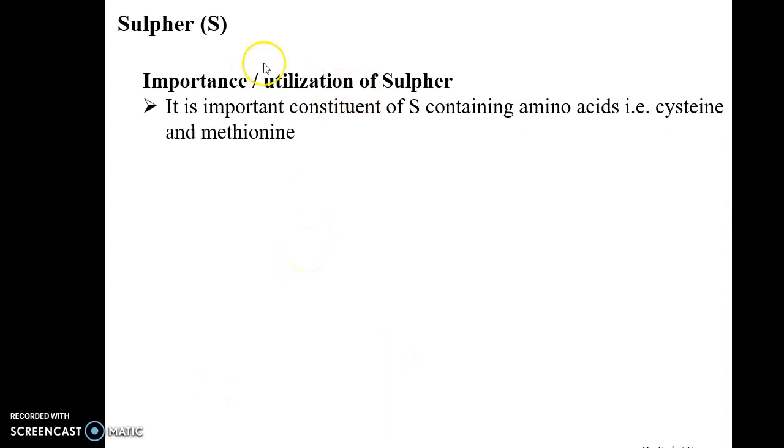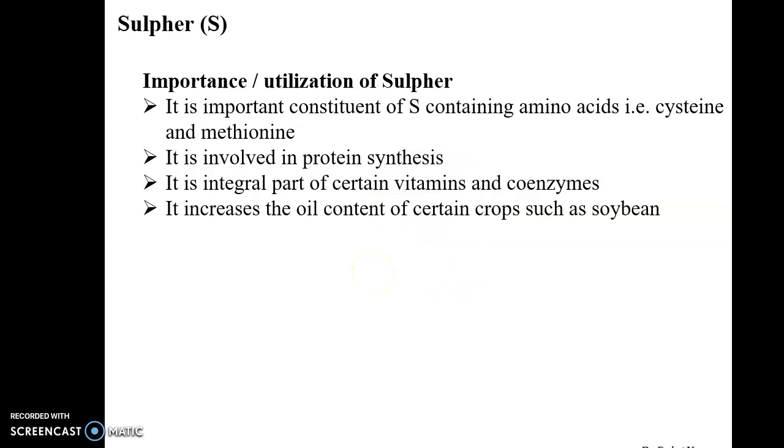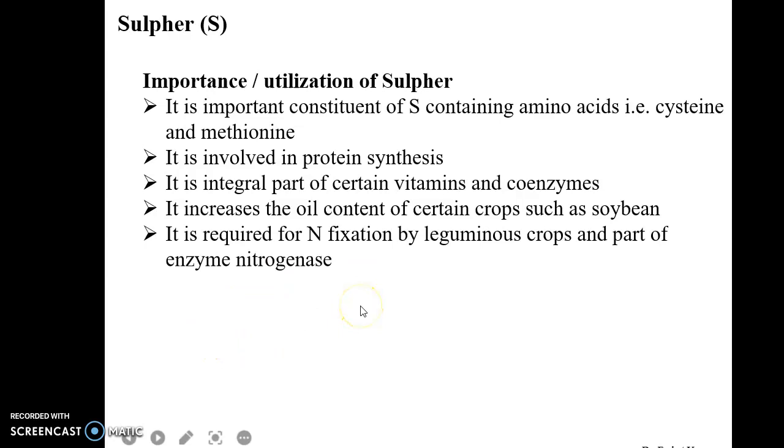Importance and utilization of sulfur. It is a very important constituent of amino acids, for example cysteine and methionine. It is also involved in the synthesis of protein, and is an integral part of various enzymes and vitamins, and also increases oil content in certain crops such as soybean.